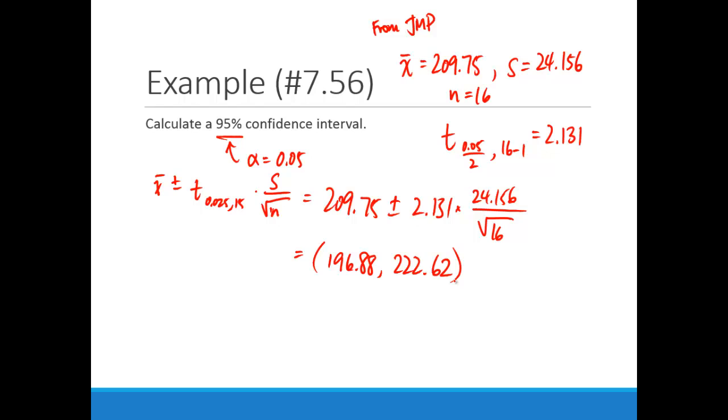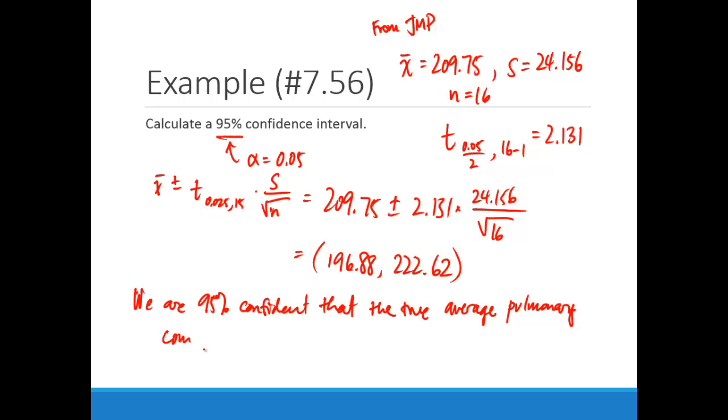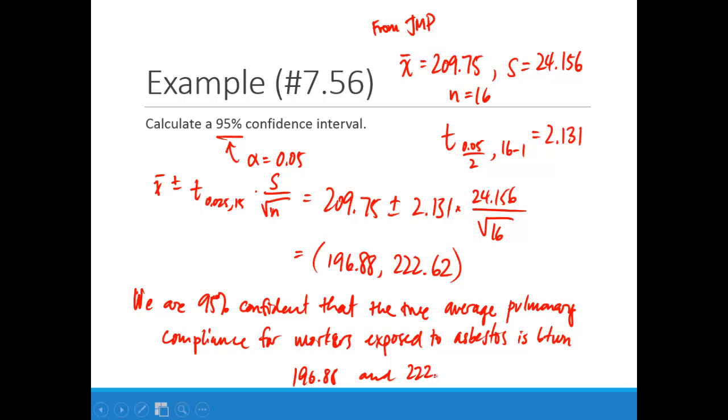Okay, so not quite done yet, right? We need to interpret this thing yet. So what we can say here now is that we are 95% confident that the true average pulmonary compliance for workers exposed to asbestos is between these two numbers, 196.88 and 222.62.